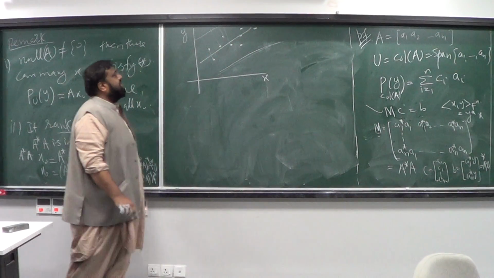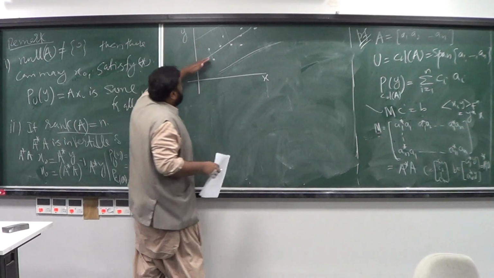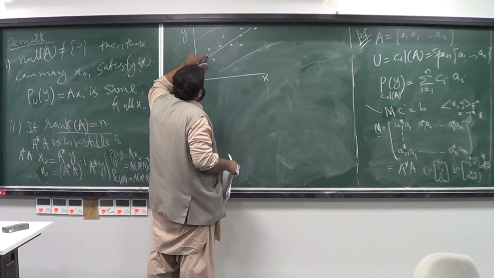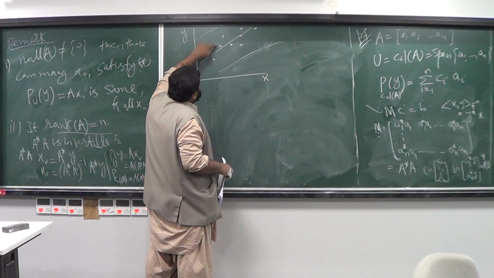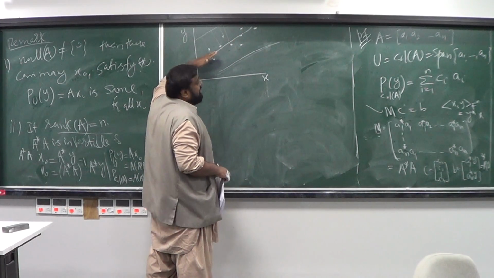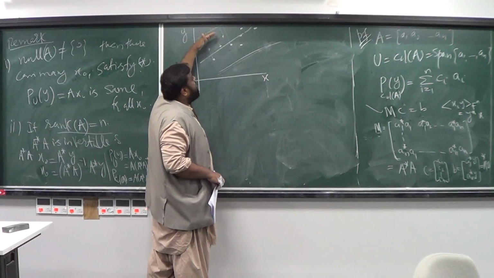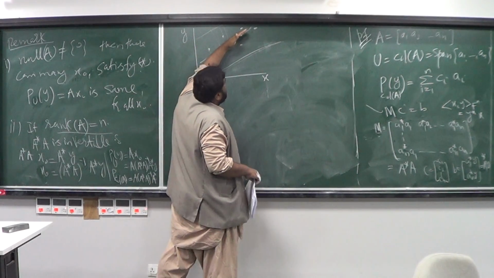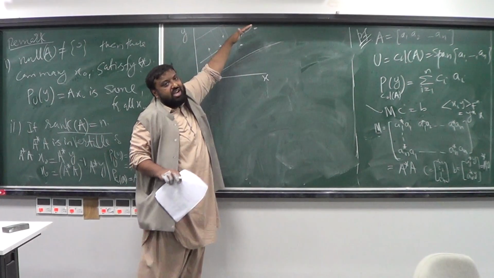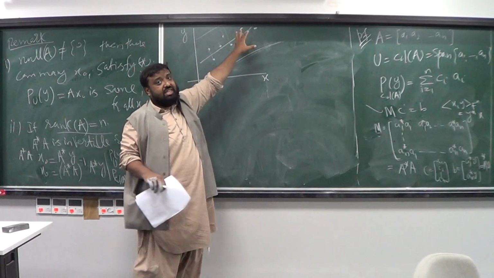So if I assume this line, I'm going to say that all these discrete points have a minimum distance to the line as compared to all other lines. So I'm going to say this is the line, which we, social scientists, call the regression line that best fits the data.